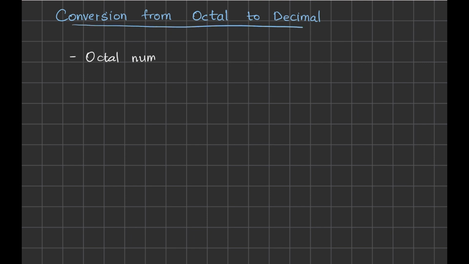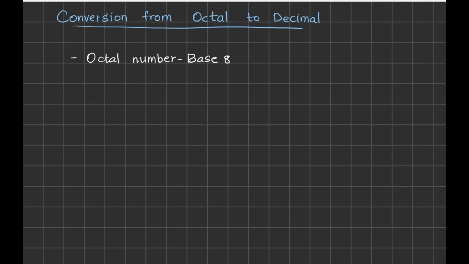Now let's take a look at how to convert an octal number to a decimal number. Octal is a base 8 system, so here our base is 8. The steps involved in this conversion are to multiply each digit of the number by its base, which in this case is 8, to the power of its place value.